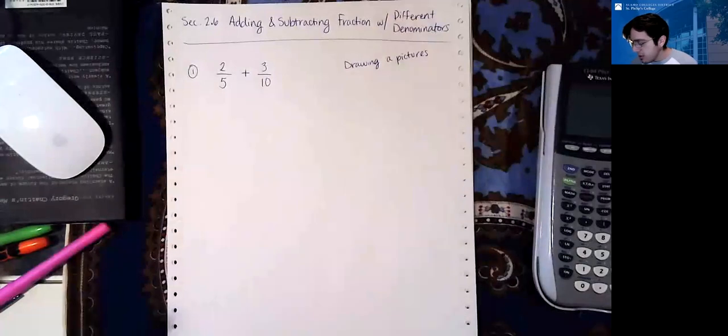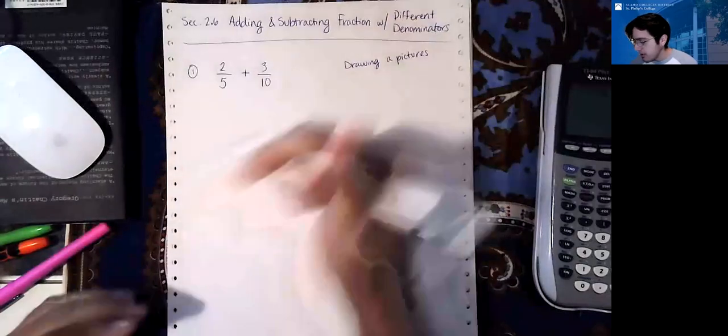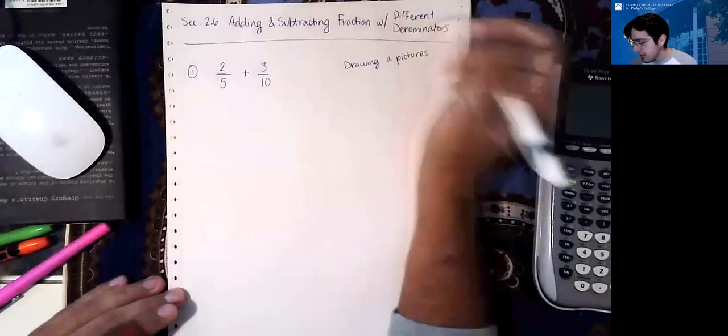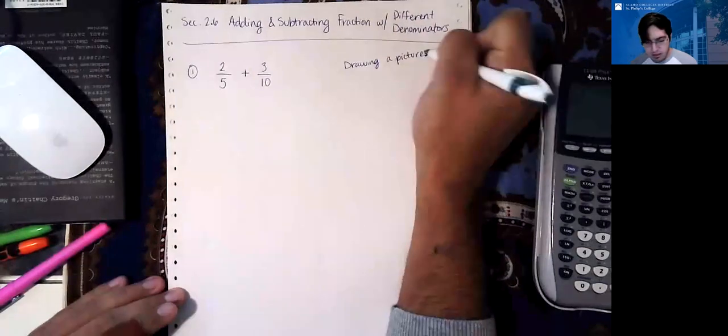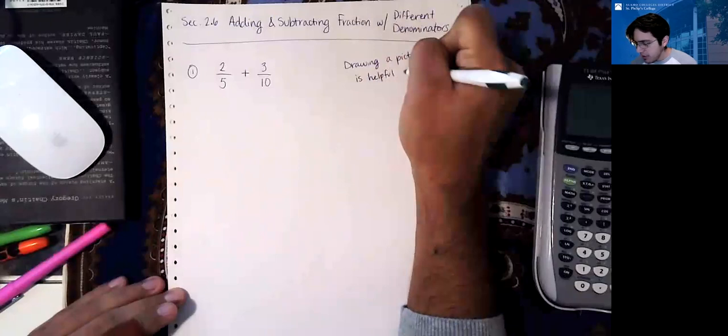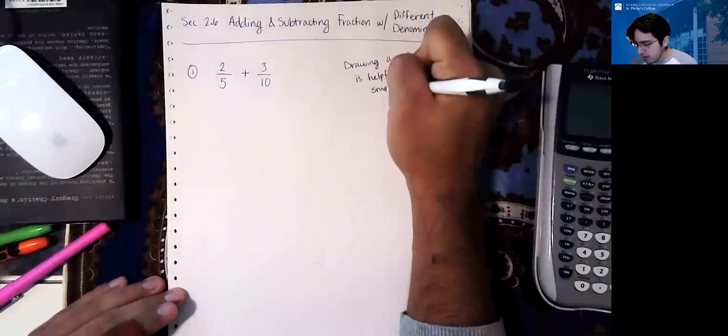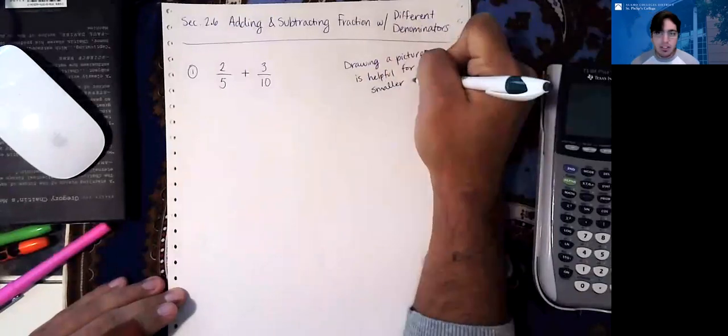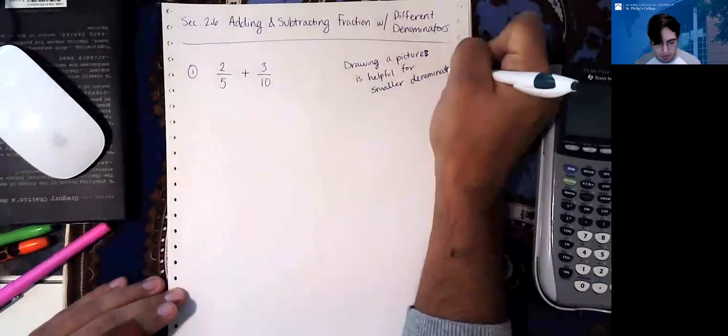So drawing a picture is helpful for smaller denominators only. Once we have bigger denominators, we want to not have to draw a picture. And what do I mean by that?